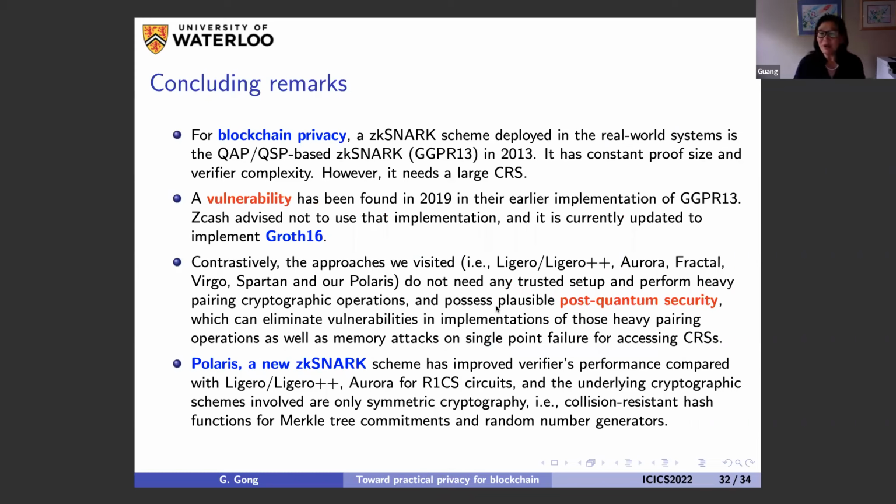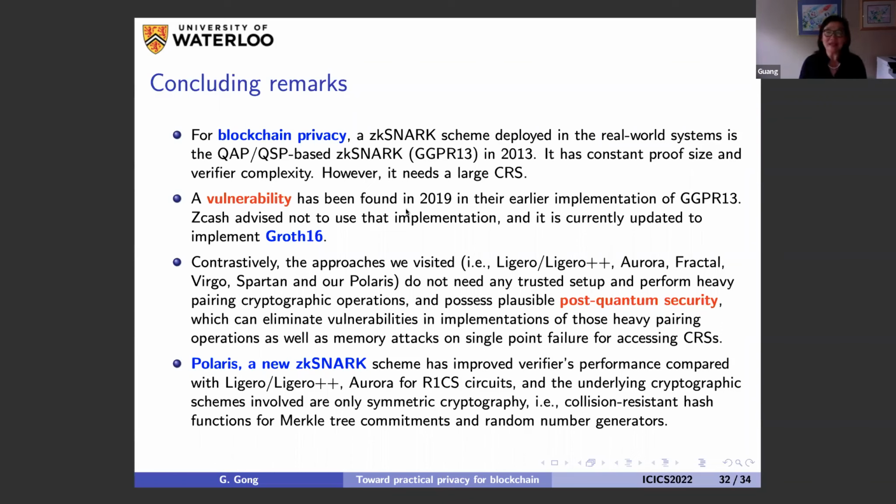For blockchain privacy, the practical system in the real world is the work published in 2013, because they have constant proof size and verifier complexity. The only problem is they need a large CRS. We do not know whether this is good or bad. It depends on whether you trust them or not.